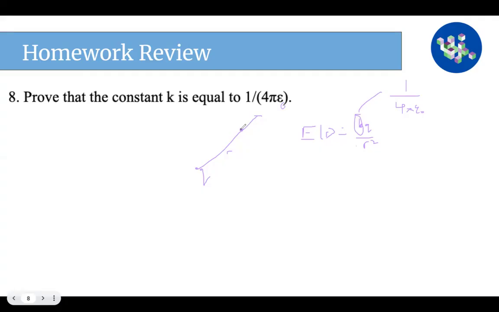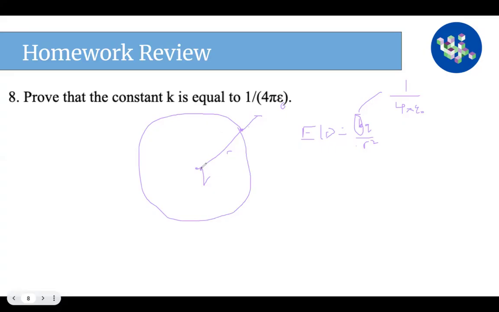Well, let's construct a Gaussian enclosure. We're going to make a Gaussian enclosure around the charge, and it's going to be a sphere, because of the symmetry.